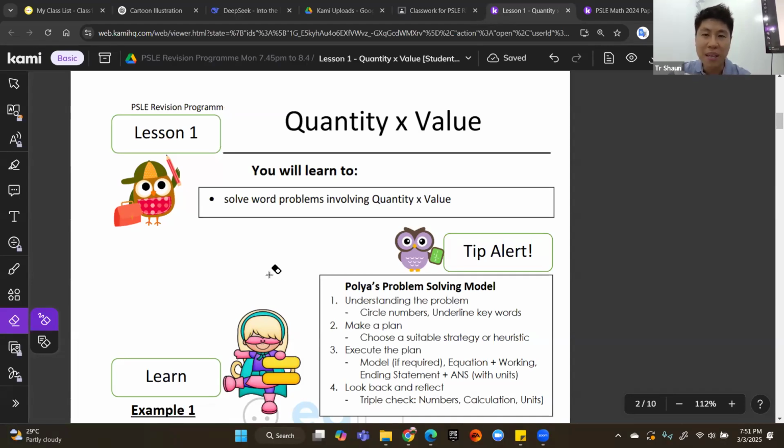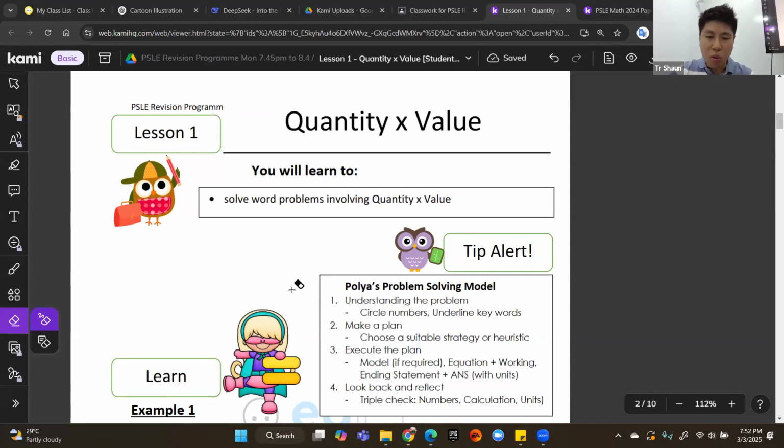This online program over the next 25 weeks, today is the first lesson, we will be touching on past PSLE and prelim questions that are common. We want to try and complete all the different types of questions over the next 25 weeks, and preferably we will complete all the questions that you will see in the last 12 years of PSLE. That's the idea, and if we can make it, we will, and we will make sure that you are exposed to most of the PSLE questions.